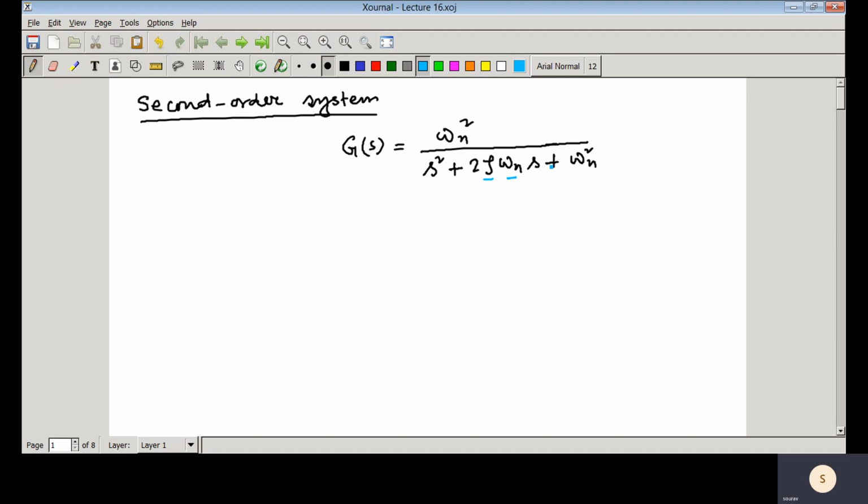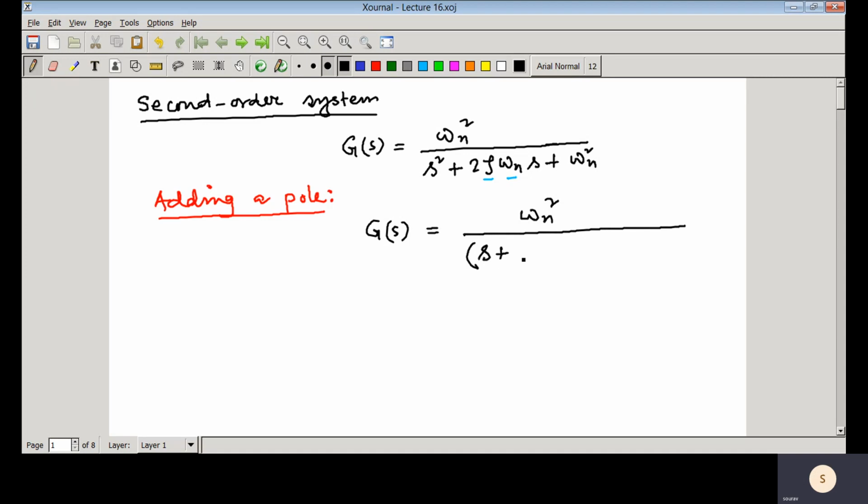So now today we will see that if we introduce a pole to this particular transfer function, then what would be the response? So adding a pole to this transfer function, then what would be the time response?